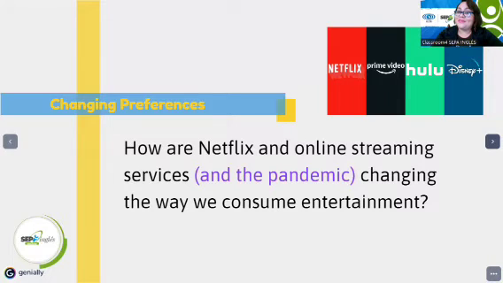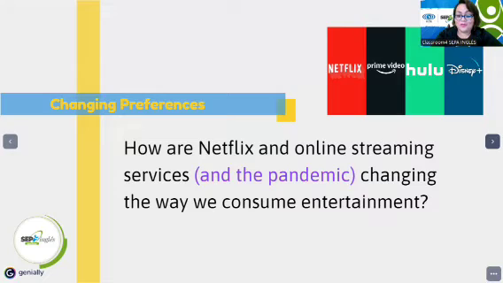Changing preferences. How are Netflix and online streaming services and the pandemic changing the way we consume entertainment? Of course, during the pandemic, we had a lot of virtual work. Everything was online. The relationships were online.